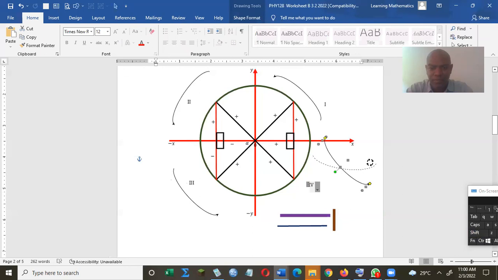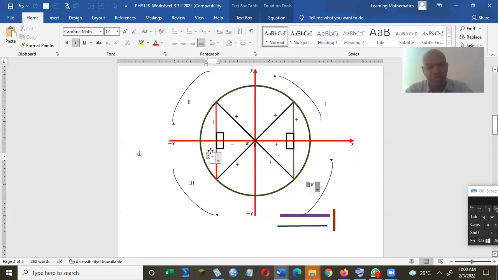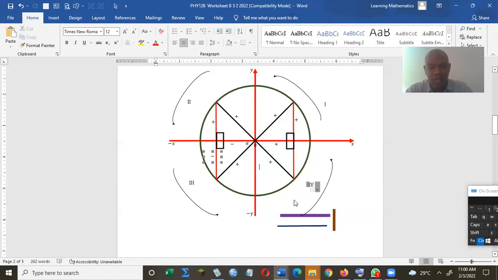And the hypotenuse is always positive. So which of the trig ratios is positive in the fourth quadrant? Anybody can share with us which of the trig ratios? There is only one of them that is positive in the fourth quadrant. Which one is it and why?